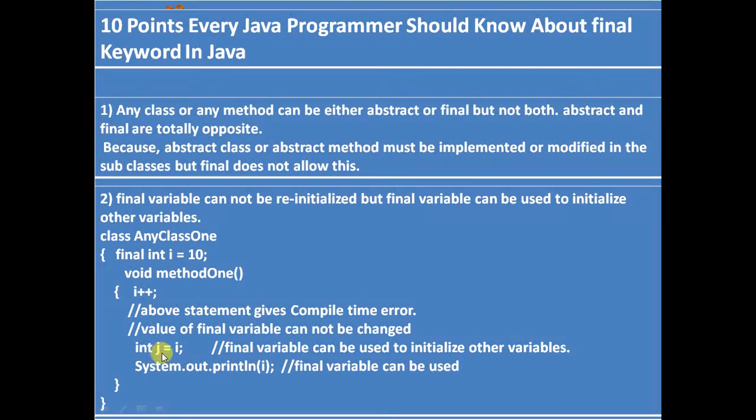Like here we define another variable j, and this j variable can be assigned by i. So the final variable can be used, and if you print it, it works. Let me show you in the Eclipse IDE.